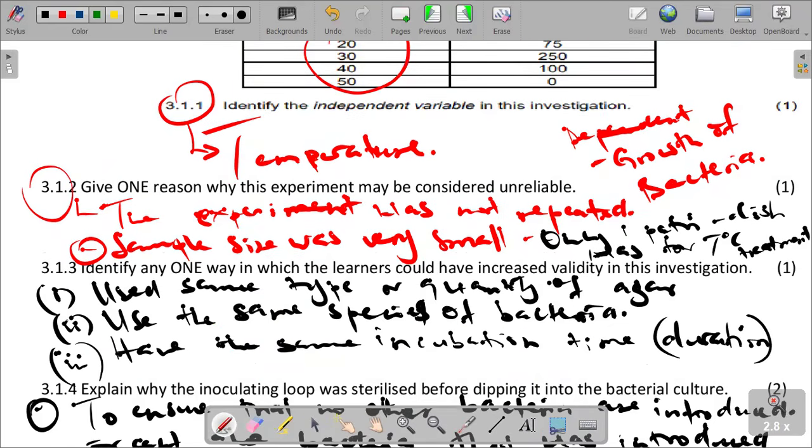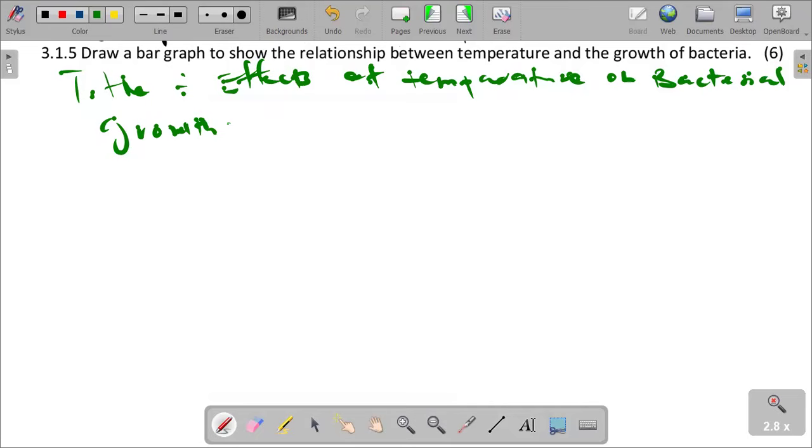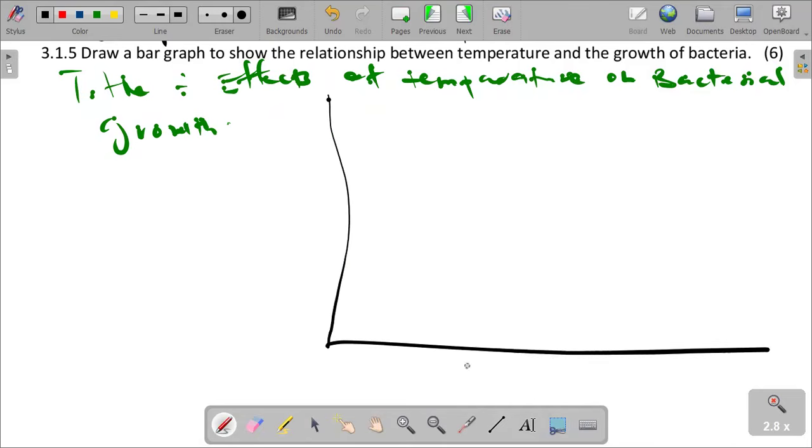We said the independent variable goes on the horizontal axis. I'm sure we have talked about that several times in terms of dependent and independent variables. Temperature is independent, so it has to be on the horizontal axis, and then we have the number of colonies on this side.